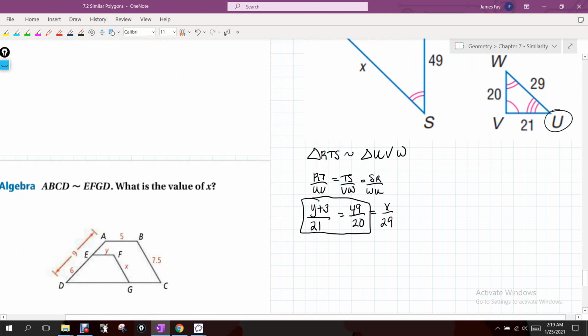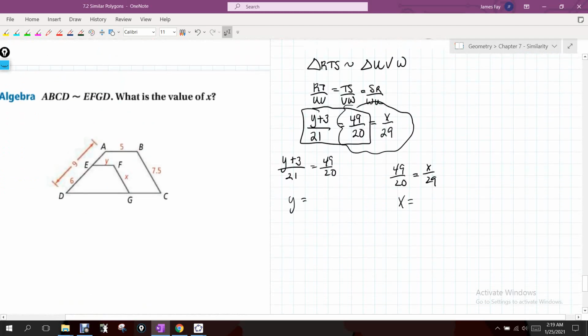So cross multiply those. I'm going to let you do this work, so that you can solve for y. And then these two, 49 over 20 is equal to x over 29. That'll allow you to solve for x.